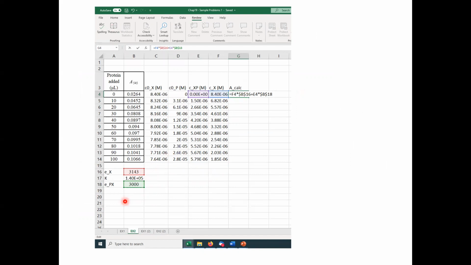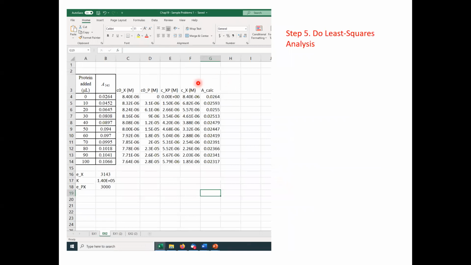Concentration of XP times the extinction coefficient of XP, concentration of X times the extinction coefficient of X. And if I do all of this, at the end of the day, here are the numbers you get. I'm happy because they're at least reasonably close, within an order of magnitude or so of the measured values. And so at this point, I can go ahead and do the least squares analysis.